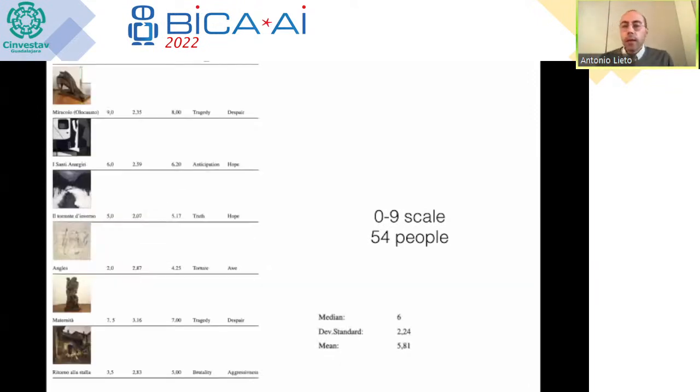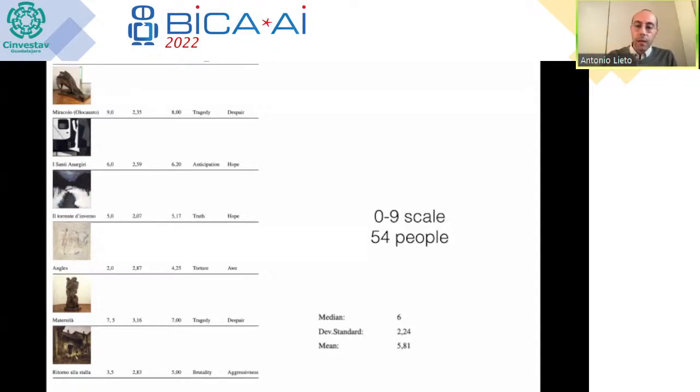We also did an experiment about the explanation. We asked people whether they were happy with the explanation provided by our system about why a given item was assigned, based on their input, to a particular category. Here there was also a 0 to 9 scale.